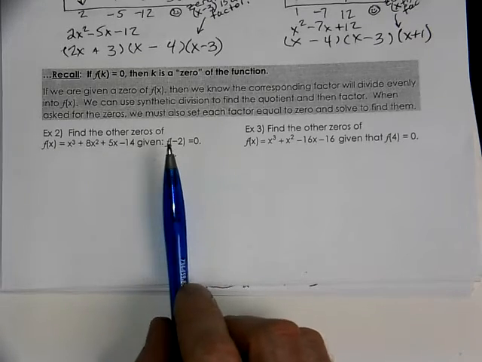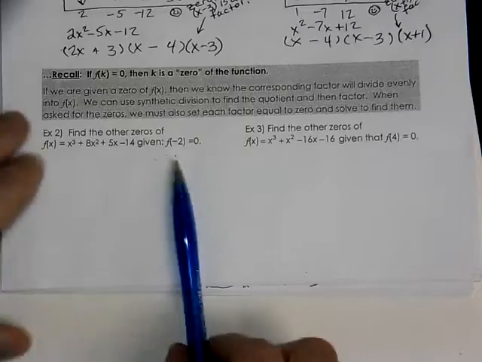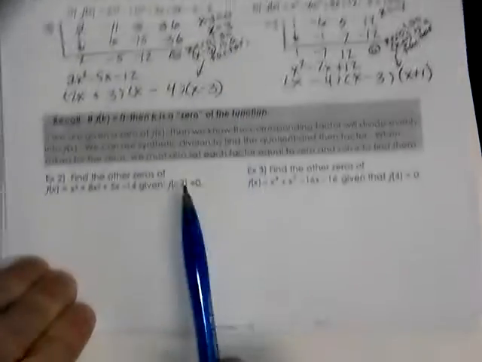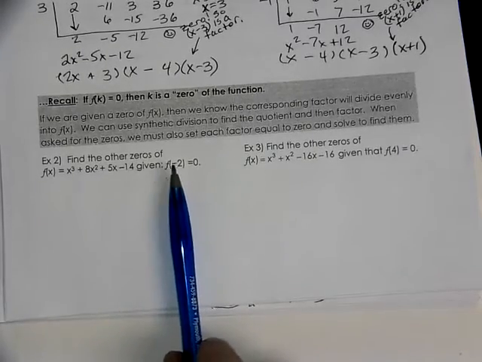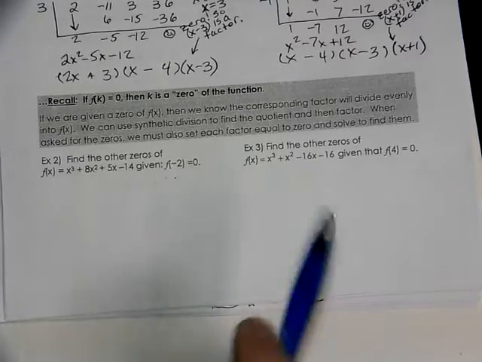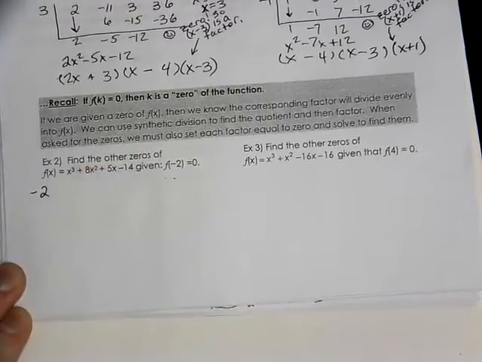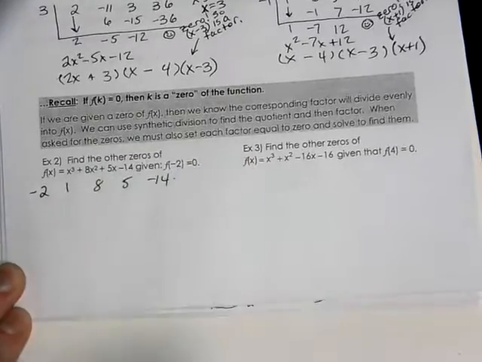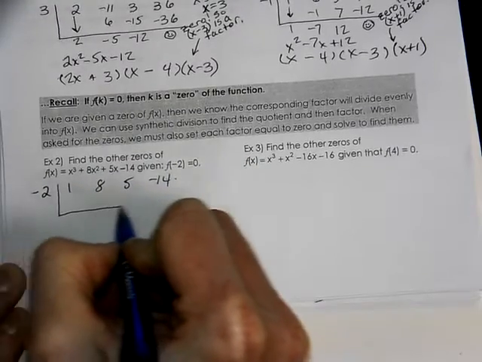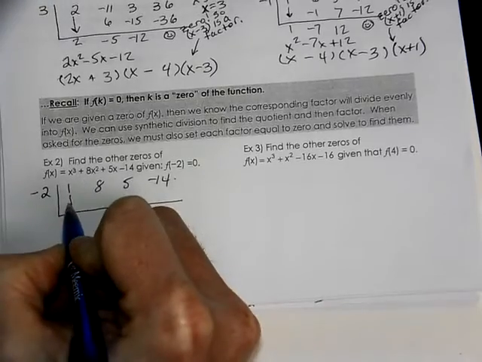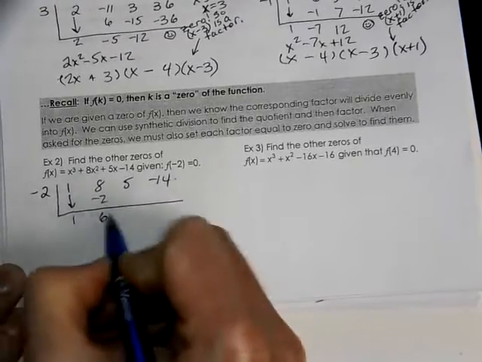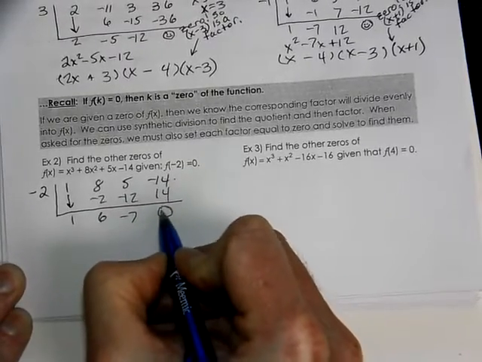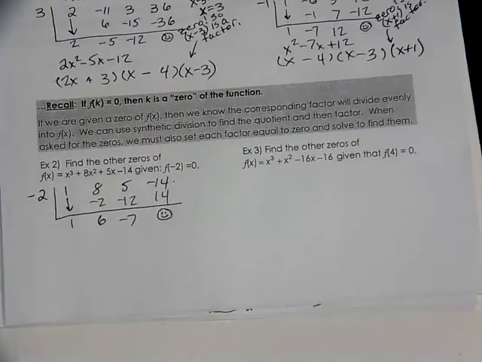They're not saying that you have x plus 2 equal, just x plus 2. Like they did up here, they said x minus 3, and we had to do the opposite. They're telling you to use negative 2 to produce a 0. So we're going to use negative 2, our coefficients, drop it down, and multiply, and multiply, and multiply, and we're excited to get our 0.